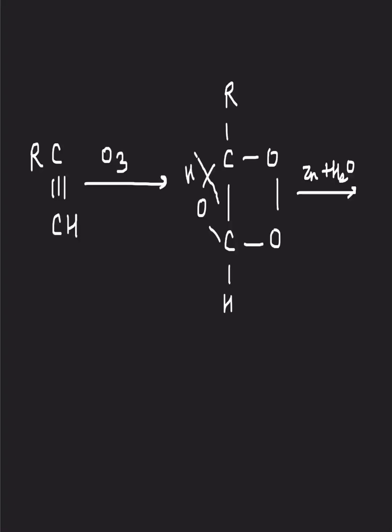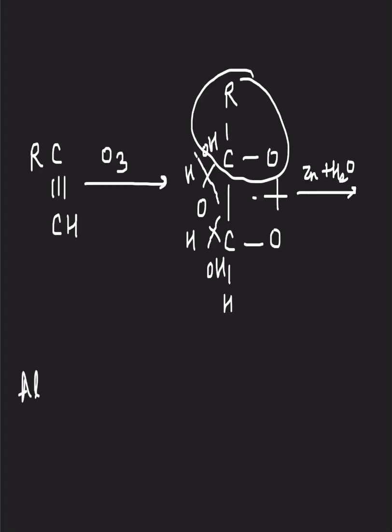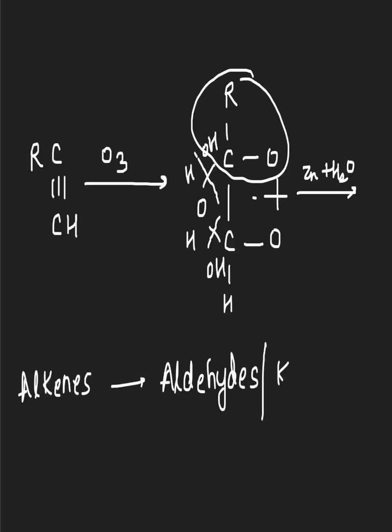So we will break it here and put the HOH. Break it down from here and we'll have H and OH, right? And the bond breaks from here as well. So what do we get over here? RCOOH. Now if you recall, in the case of alkenes, we had got aldehydes and ketones, or two aldehydes or two ketones, right?